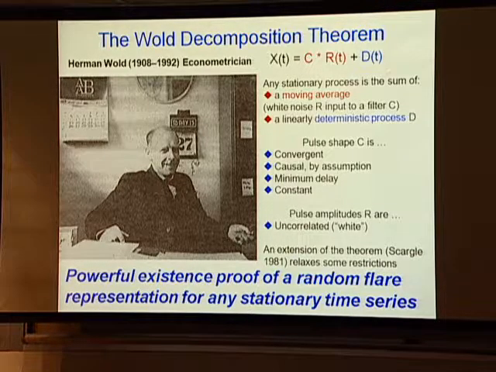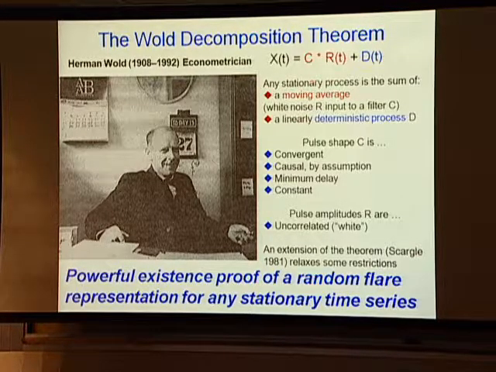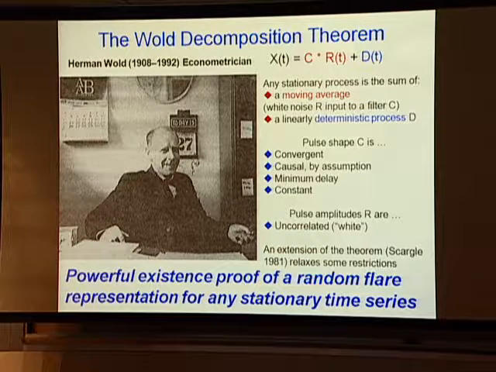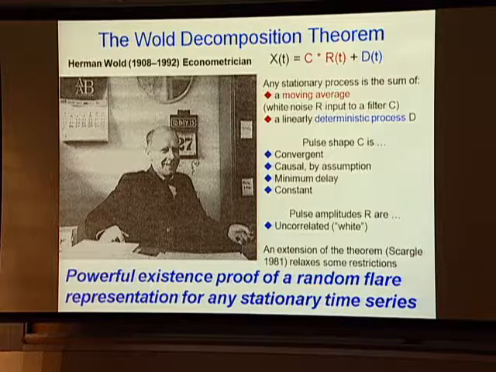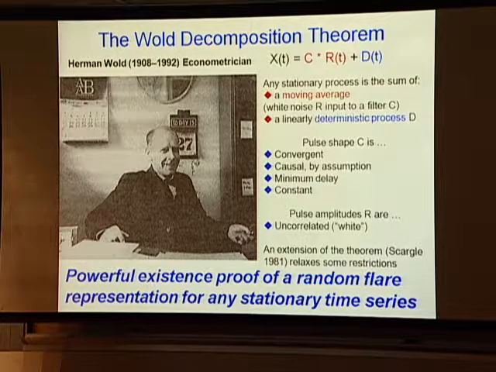In turn, the random part has a very special form, something called a moving average, not to be confused with a running mean type of moving average. It's a general representation of random processes where, like an electrical engineering analog, it's a white noise process run through a filter.